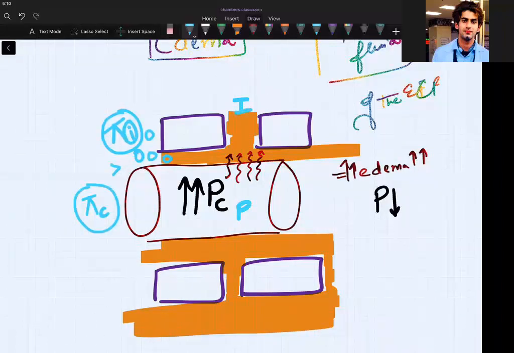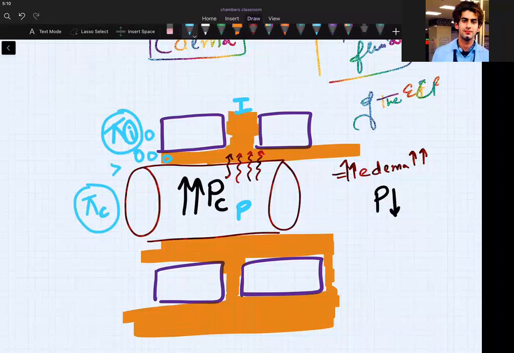Very nice. So this is happening. This is the reason why edema happens. Either you are increasing the hydrostatic pressure in the capillary, or you are reducing the plasma oncotic pressure.